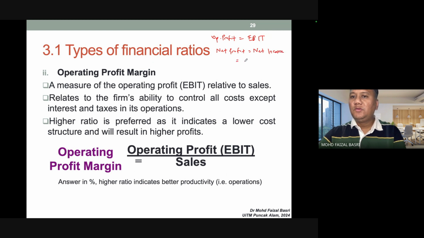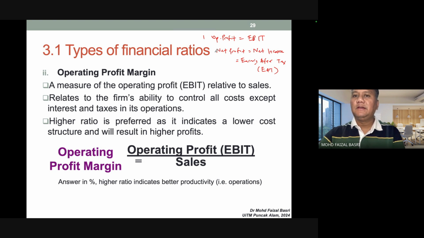And it's also known as earning after tax ataupun EAT. Okay, so ni similarity dia lah, sama je. Kadang-kadang dia guna terms net profit, sometimes they use net income, sometimes they use earnings after tax. But actually all refers to the same thing.